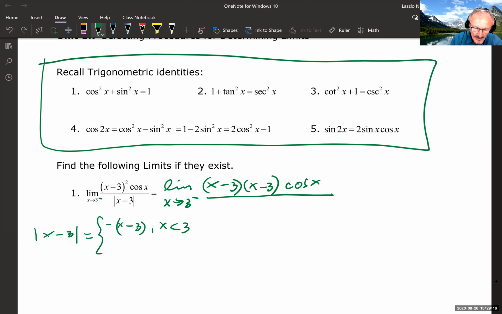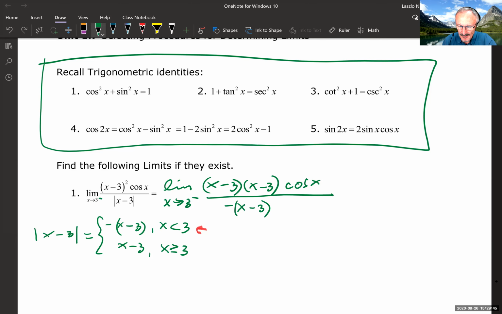And it's going to be x minus 3 whenever x is greater than or equal to 3. So in this case, because we're looking at the left-hand limit as x approaches 3 from the left, consequently, we are going to use the definition up on top. And we remove the absolute value. And of course, we have the negative of the quantity x minus 3.